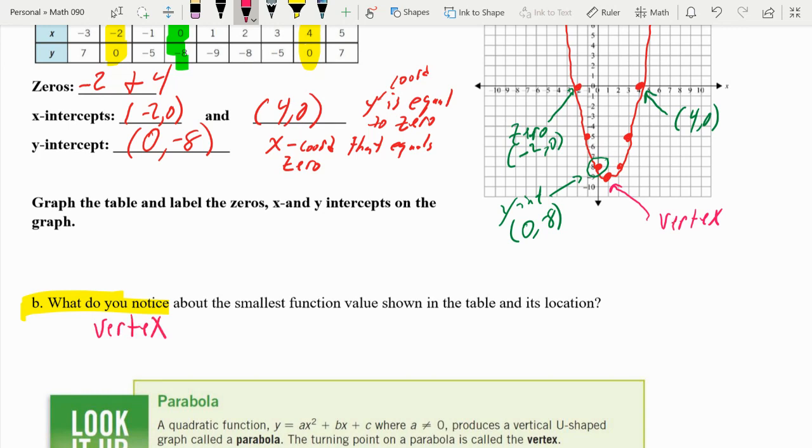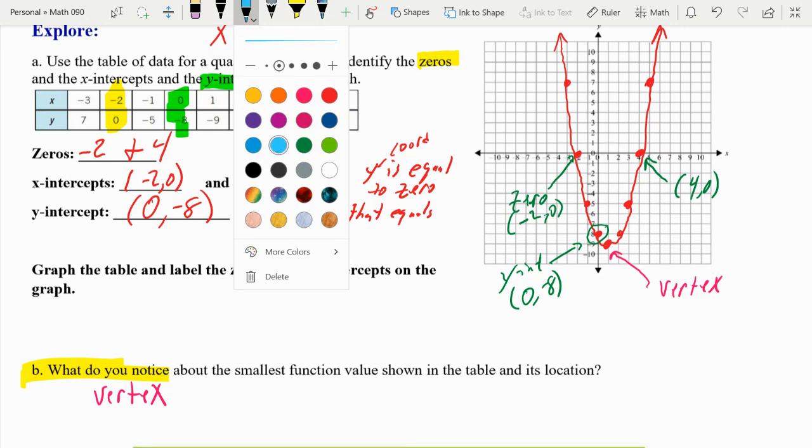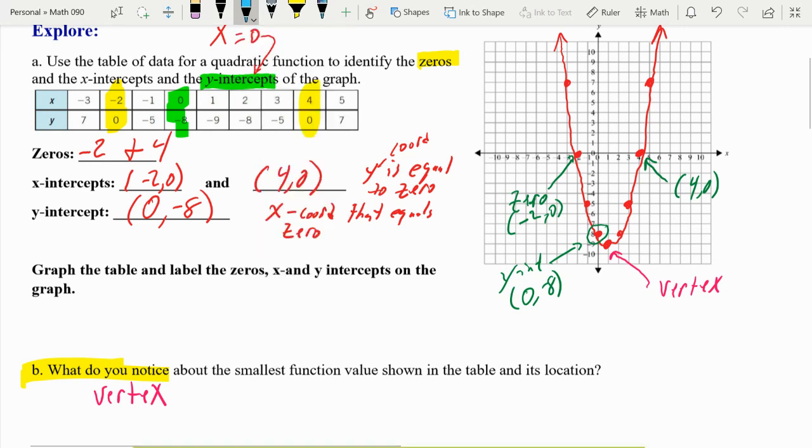What do you notice about the vertex? If I scroll up a little bit here, let me pick a different color again, just so it looks a little bit different. What do you notice about the vertex? If I draw a vertical line through the vertex, I don't know if that comes up nice or not, but hopefully you guys can see it.